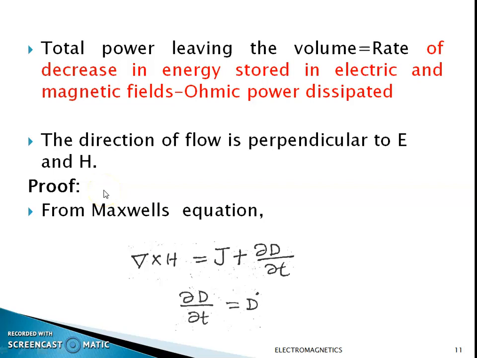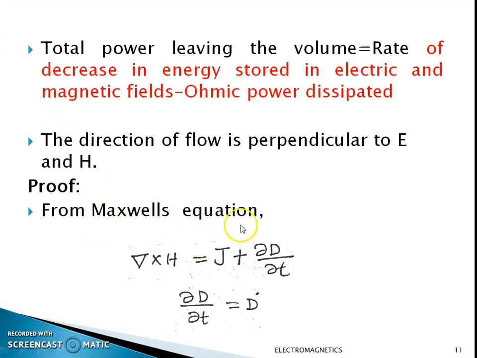Next we go to the proof of the Poynting theorem. We are considering a particular point and we have to find the power at that point, which is the product of the electric field and magnetic field at that point.